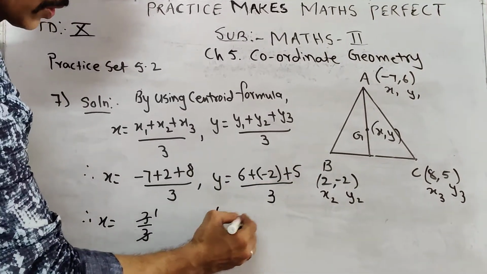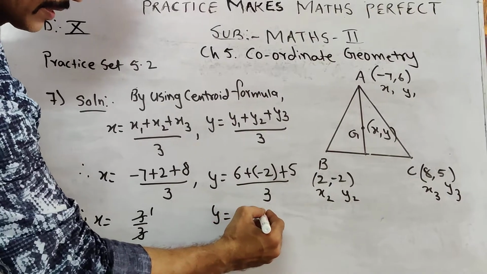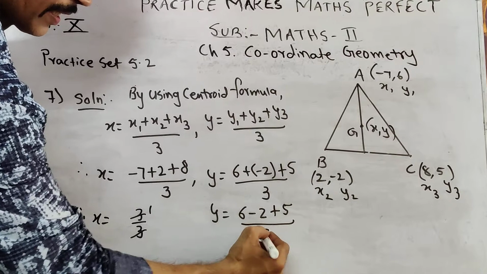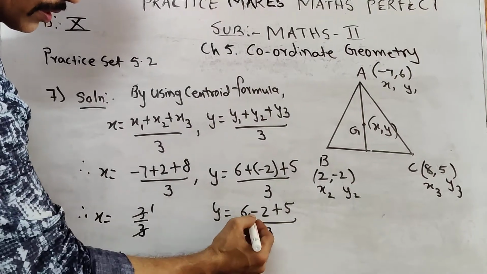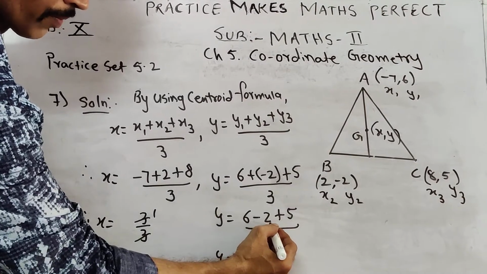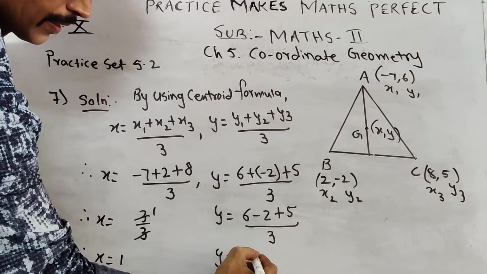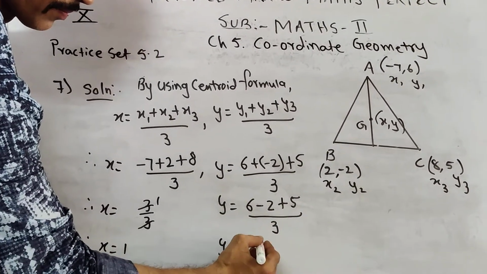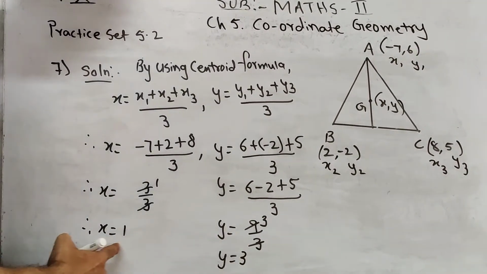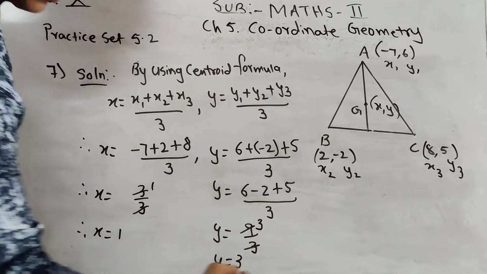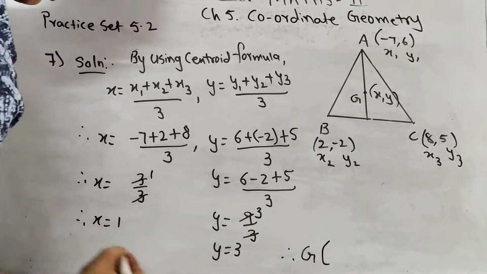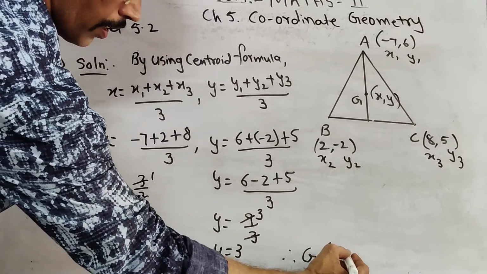So y is equal to 6 minus 2 plus 5 upon 3. So y is equal to 6 minus 4. 6 minus 2 is 4. 4 plus 5 is 9. 9 upon 3. So y is equal to 3. So x you got 1. Y you got 3. So therefore your G centroid will be 1 comma 3.